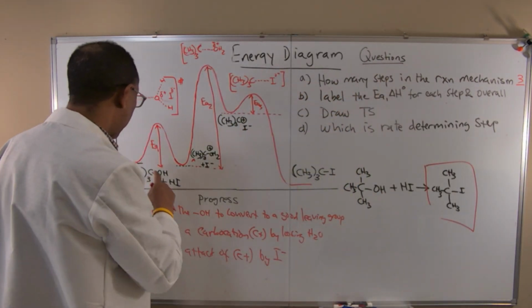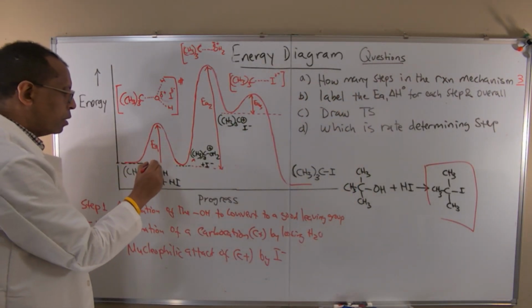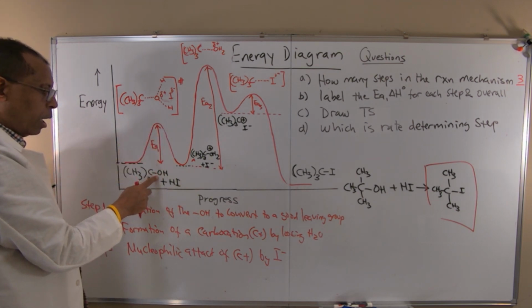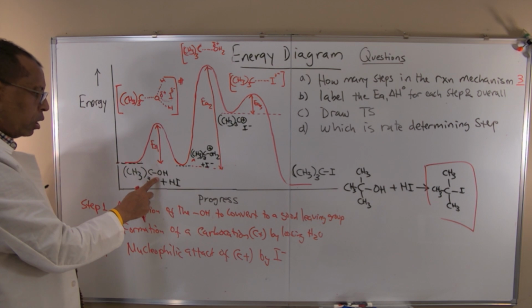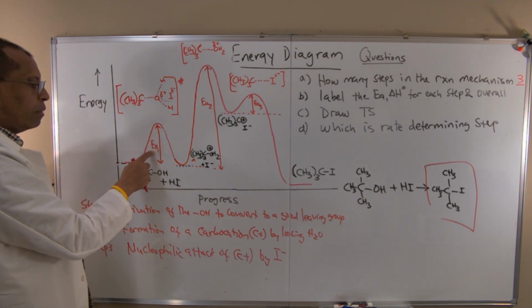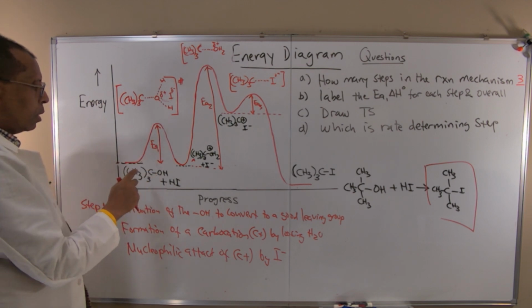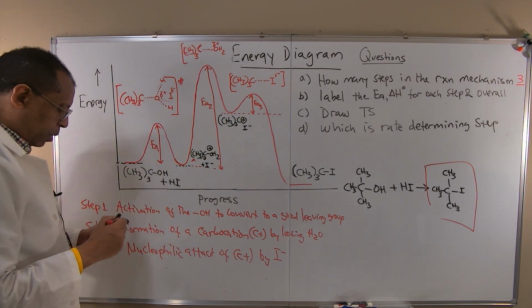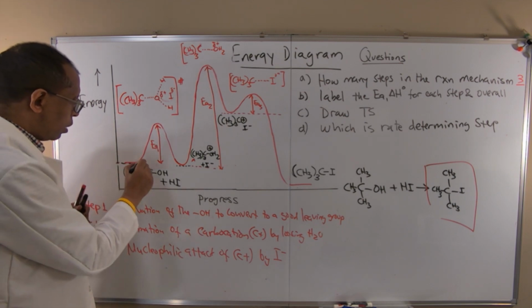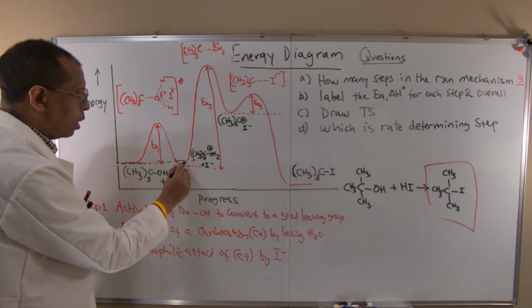So we have already done this. This is the first activation energy where protonation happens. This is a protonation of OH in step 1. That is activation energy 1. So the associated delta H for this is a very, very small delta H here.